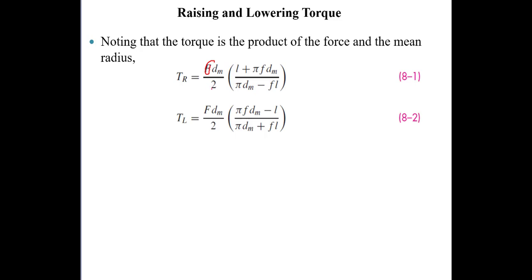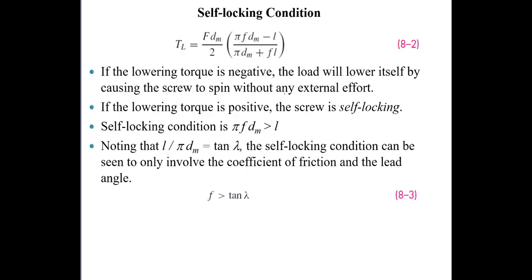So we take that force, that's the force to raise it, and includes this term in F. We multiply it by dm over 2, and that gives the raising torque. The lowering torque, we simply multiply dm over 2 by the lowering force, and we get these two equations right here. All of these things fit easily into a spreadsheet, by the way.